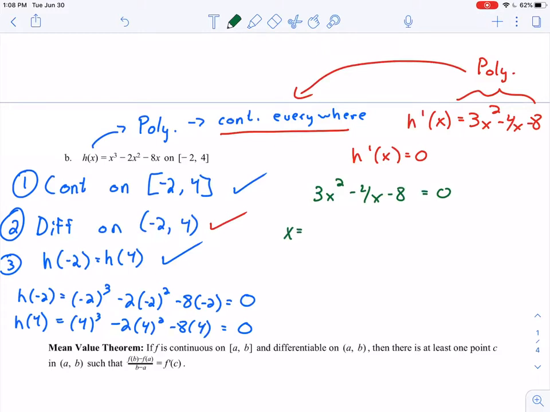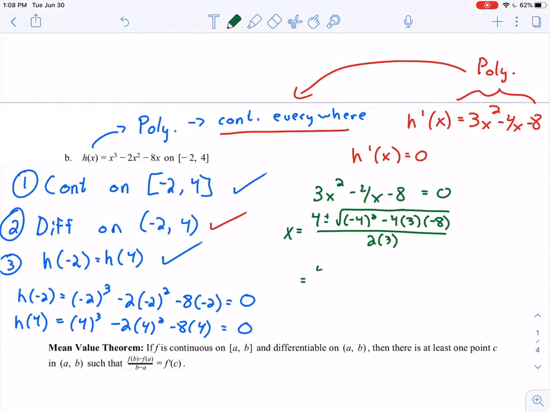x equals the opposite of b, 4, plus or minus the square root of b squared. This is -4 squared minus 4 times a, which is 3, times c, which is -8, all divided by 2a. This is 2 times 3.